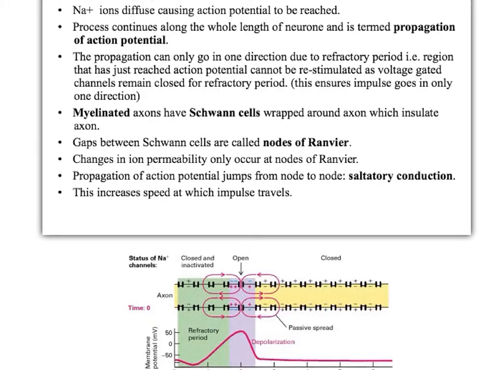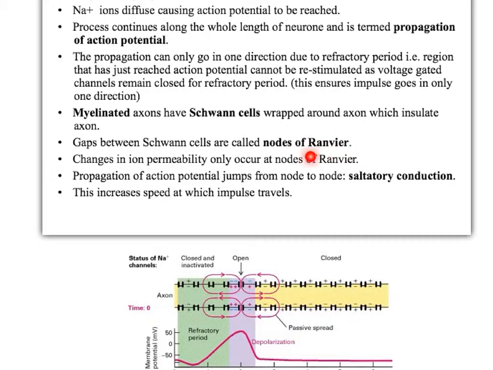Now I mentioned things called nodes of Ranvier when we looked at the structure of the cell. These are little gaps between Schwann cells, and as the action potential is propagated along an axon, the voltage-gated ion channels only open where the nodes of Ranvier are.